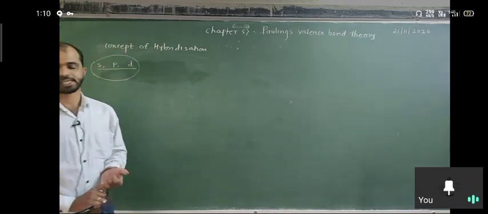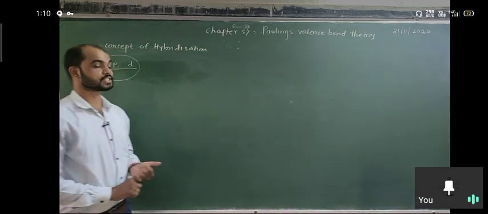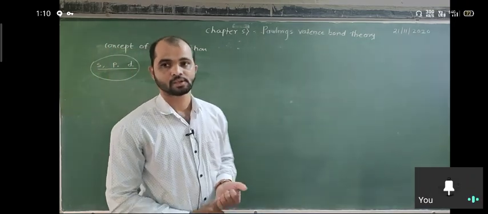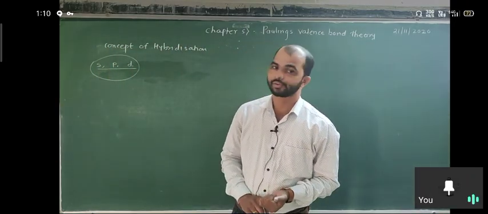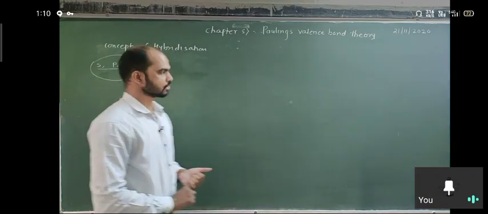But here sp and sp2 are not considered, because we consider coordination complexes with coordination number 4, 5, 6 onwards. Coordination numbers 1, 2, 3 are not considered here.